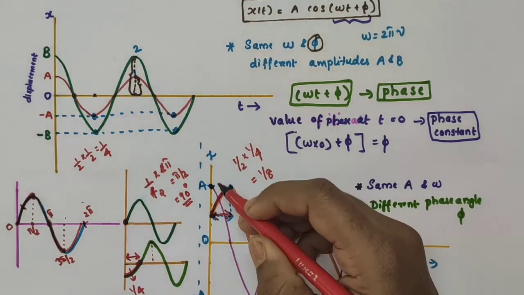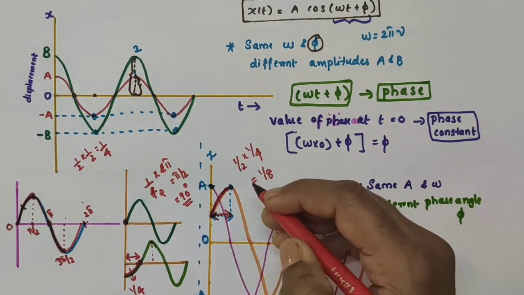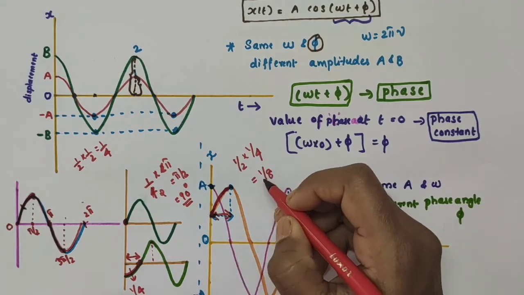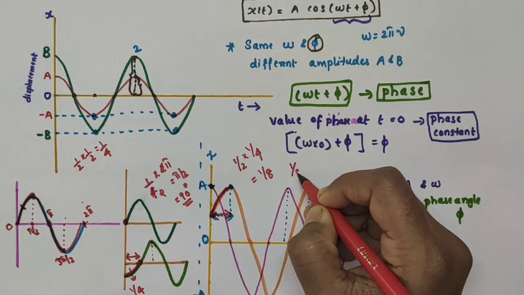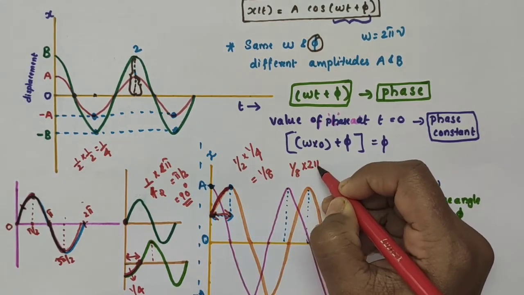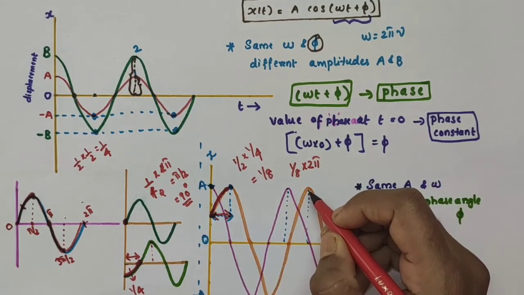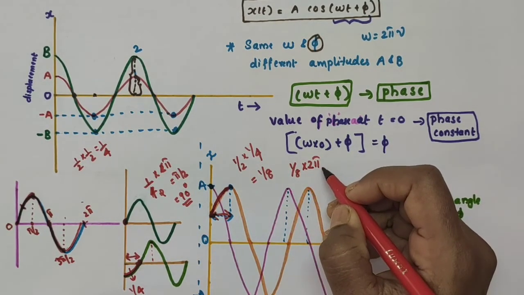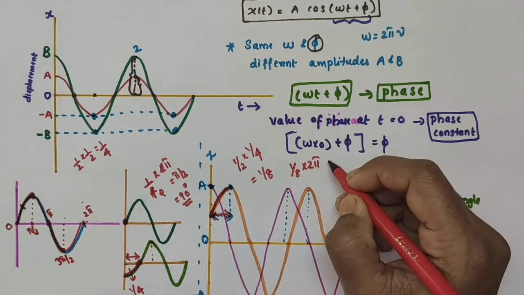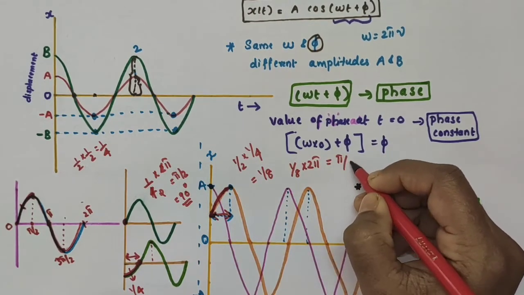So what will be the phase difference between these two? You just multiply that fraction of the wave difference with 2 pi. 1 by 8 into 2 pi is what? Pi by 4.